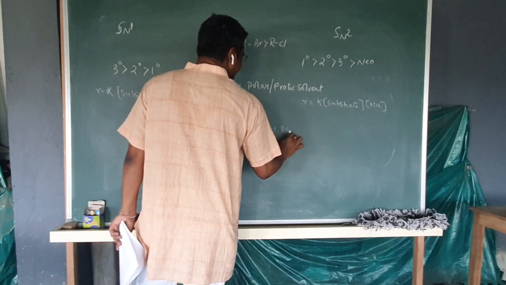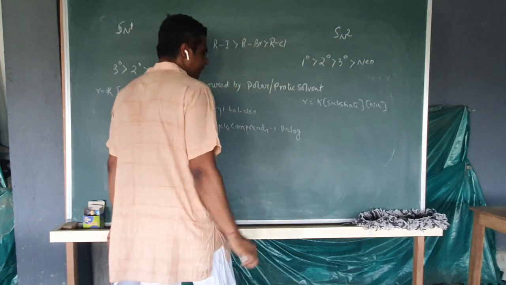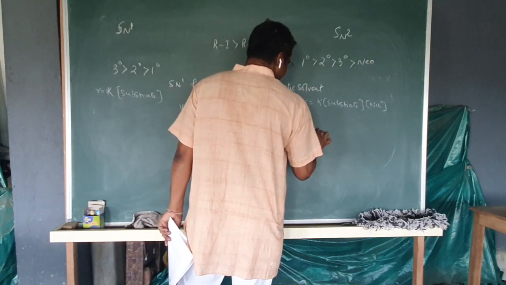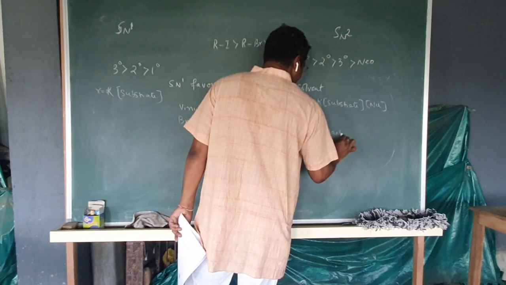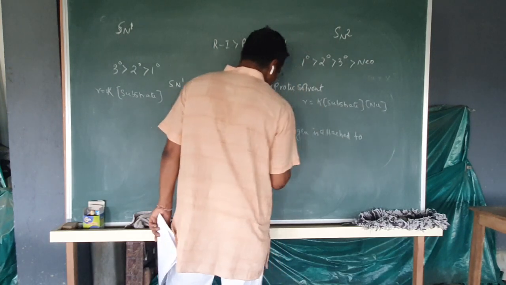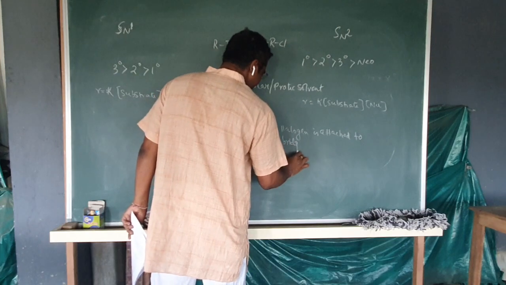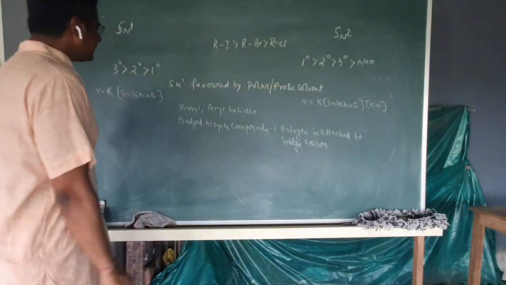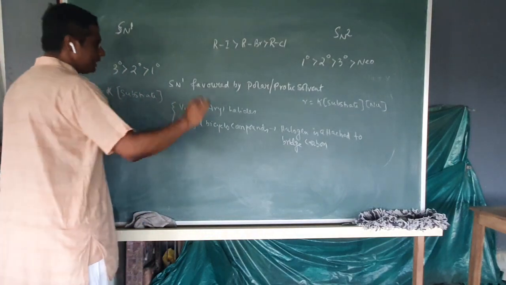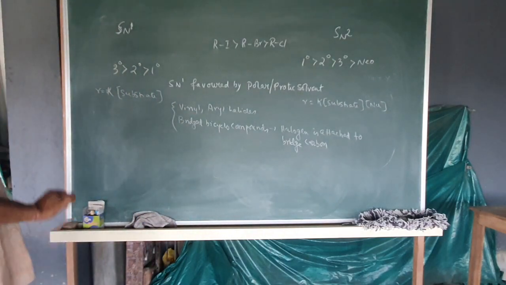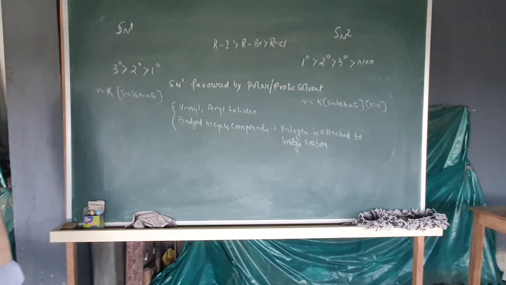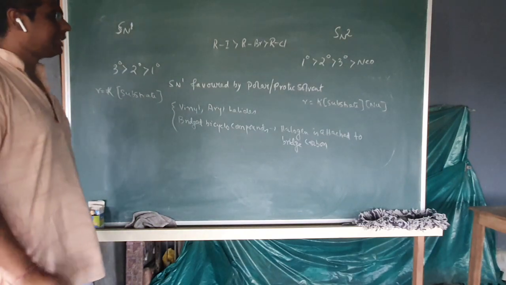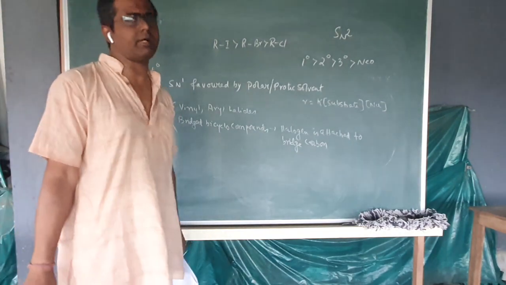When halogen is attached to a bridged carbon atom, in this case, definitely there won't be any reactivity towards SN1 and SN2.